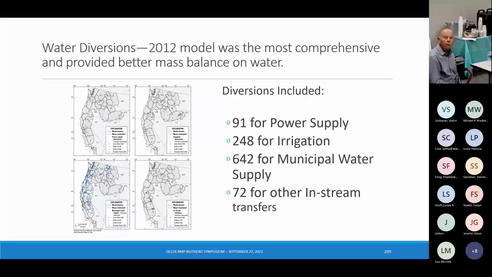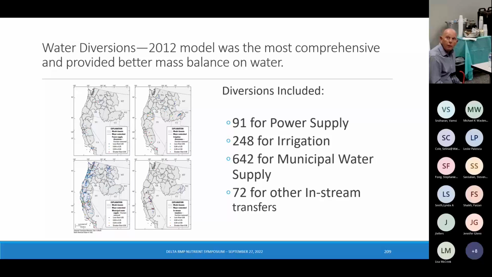And then water diversions. So we had a pretty good set of knowledge of water diversions in 2002. We drilled deeper into the system to see what was going on with water diversion. So in 2012, Dan included 91 for power supply, 248 for irrigation, 642 for municipal water supply, and 72 for other in-stream transfers.